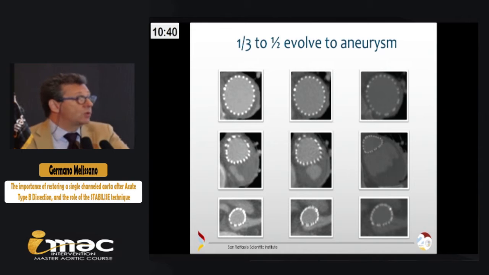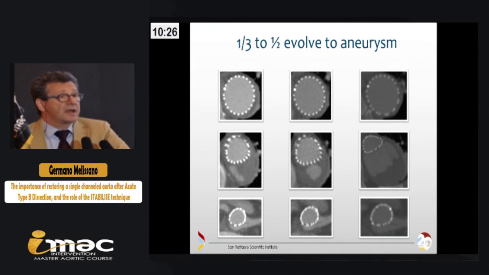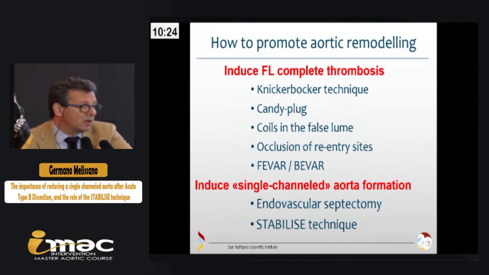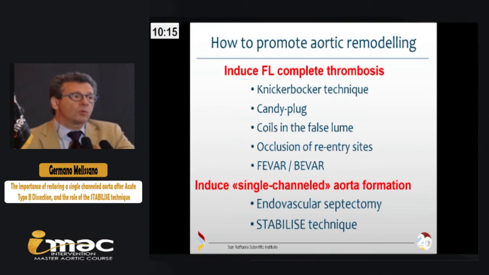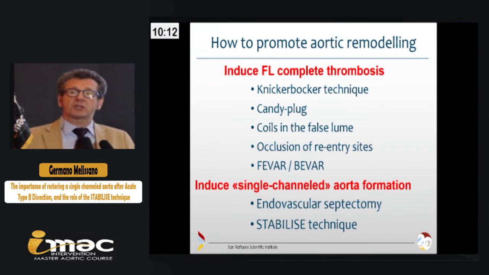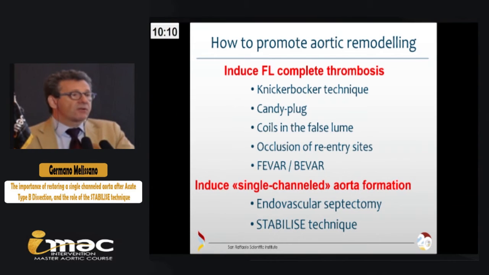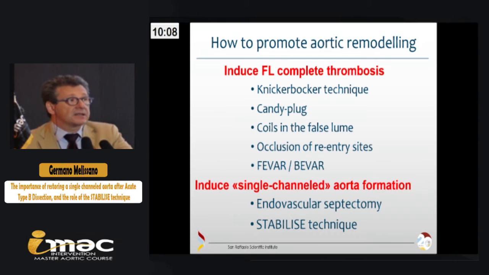So you can see the situation is that after the acute phase, maybe 30 to 50% of the patients will experience dilatation of the false lumen with reintervention and increased mortality. So we don't only need to save the day during the acute phase of dissection, we also want in these patients to prevent aneurysmal dilatation and its complications.